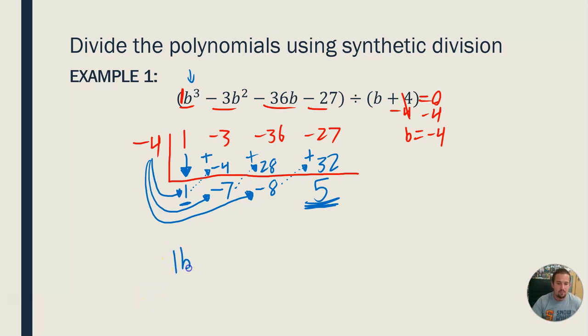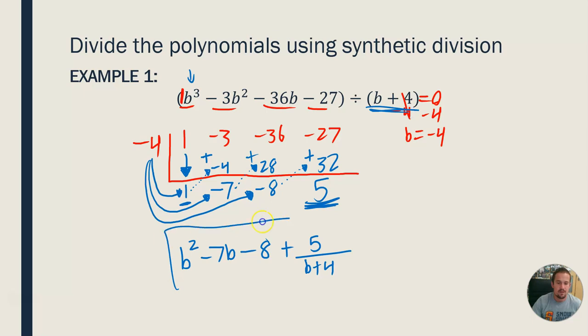So I'm going to have 1b squared, or just b squared, I don't need the 1, minus 7b, minus 8, that's my constant, and then plus 5 is my remainder, so I'm going to divide 5 by b plus 4, my original divisor. And that is my final answer: b squared minus 7b minus 8 plus 5 over b plus 4.